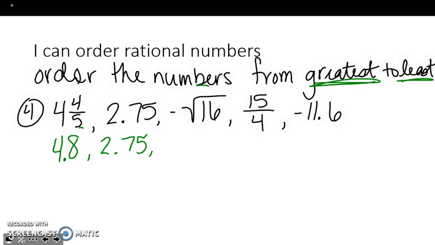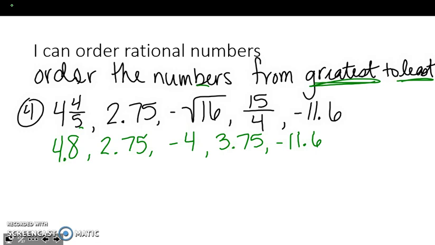Next is 2.75. Have to evaluate negative square root of 16. I get negative 4. 15 divided by 4, I get 3.75. And then negative 11.6. Now we're going greatest to least here, so we need the biggest positive number.